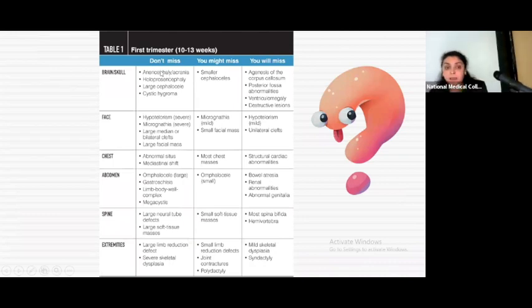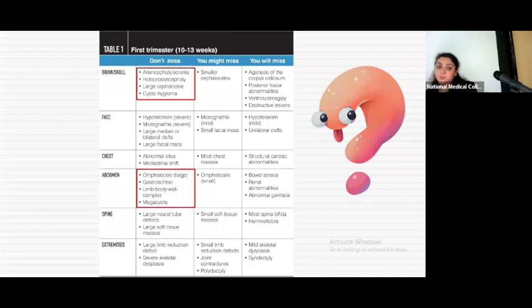In our practice, specifically the anomalies of the brain and skull, that is anencephaly, holoprosencephaly, large encephalocele, or cystic hygroma, or those present in the abdomen, like large omphalocele or gastroschisis, limb body wall complex, where we are not able to see the whole anatomy, or megacystis, can be detected.